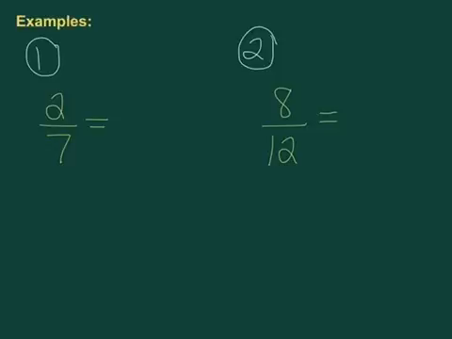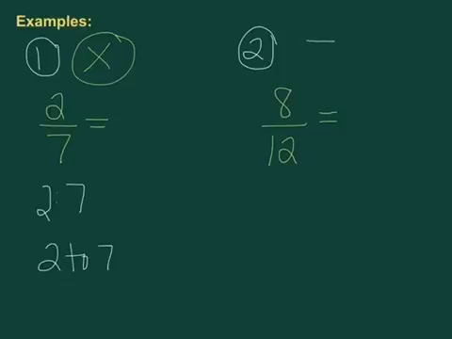So let's take a look at two examples. Like I said before, we have our ratios written as fractions. We could also write them using a colon or using the word "to". In number 1, we're going to use the idea of multiplication to find our equivalent ratios. And in number 2, we're going to use the idea of division. So let's take a look at 2/7.